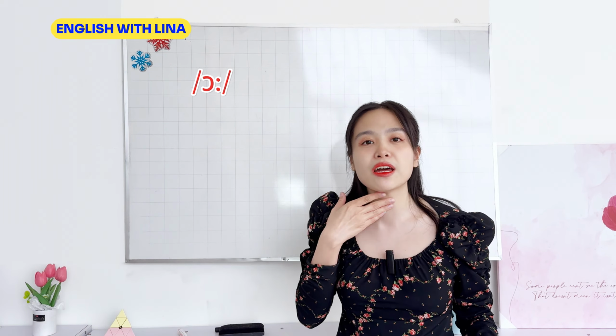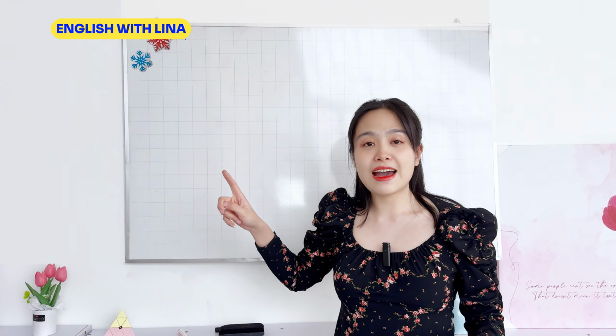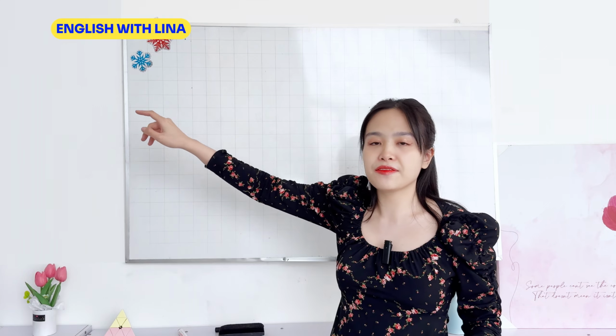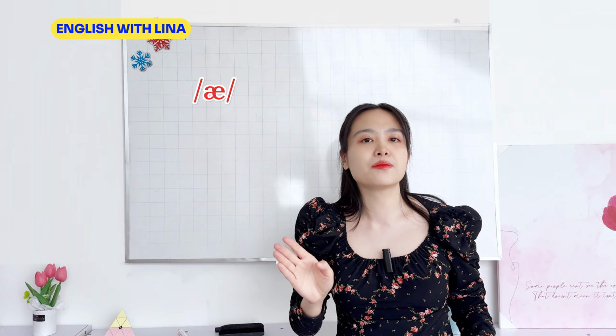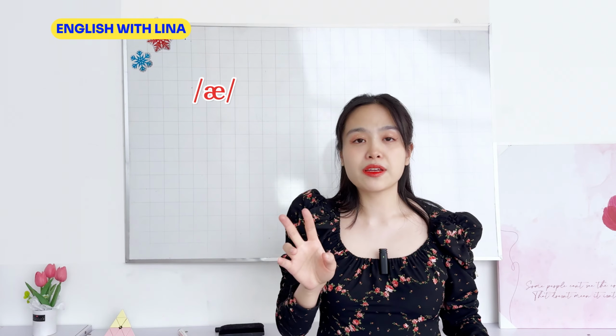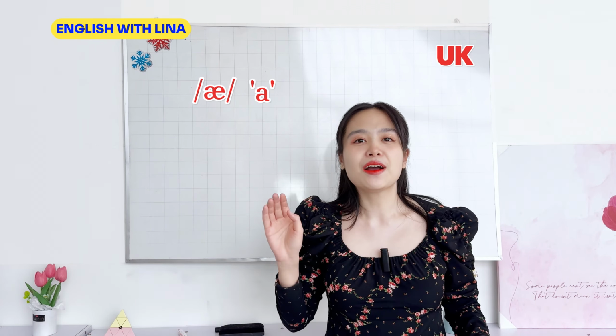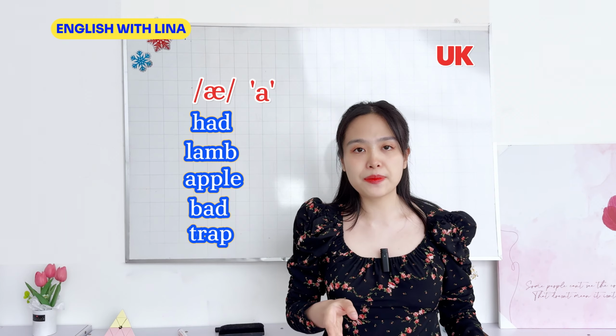Last but not least, we have the a family, right? First, we have this sound, so we will say it in both American and British pronunciation. First, sound, ah. Right. We have hat, lamb, apple, bat, trap. All right.